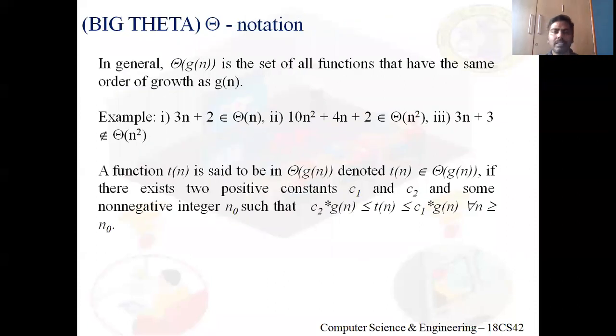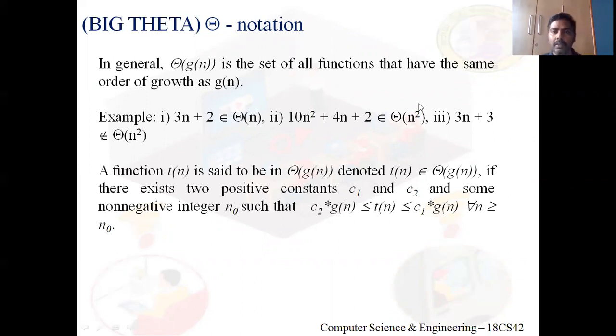So what does big theta mean? Let me recall what I said about big O. Big O is an upper bound. Means you are given two functions T of n and G of n, and you are asked to check whether T of n belongs to big O of G of n.